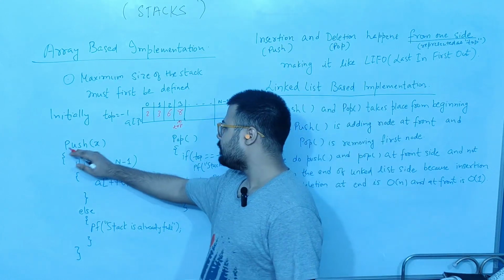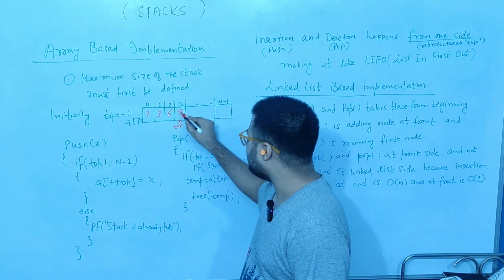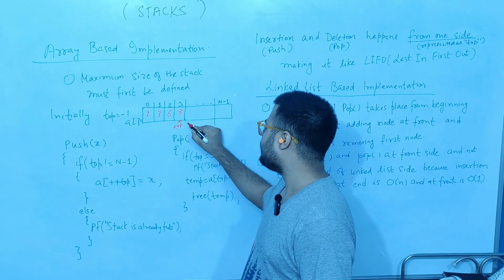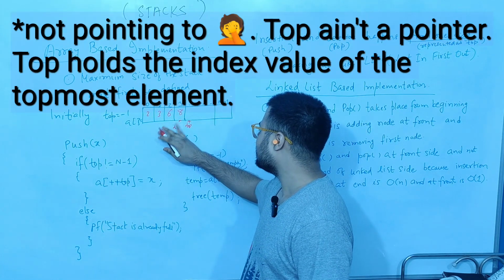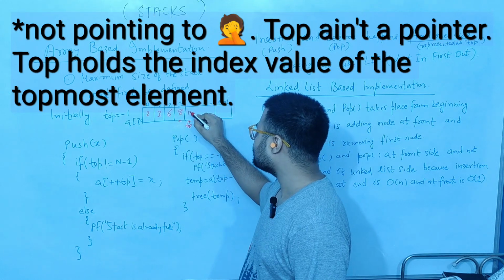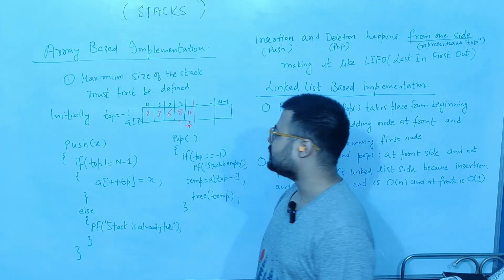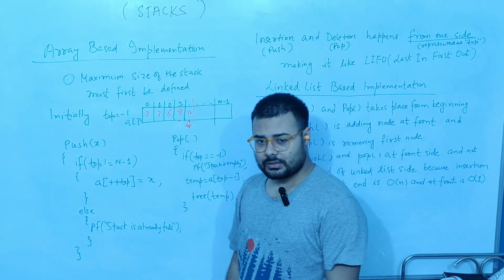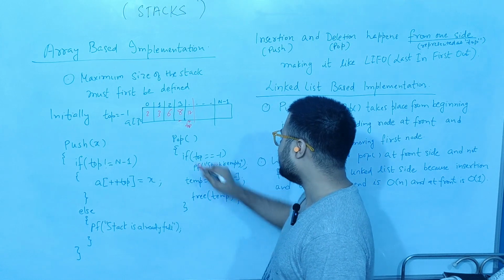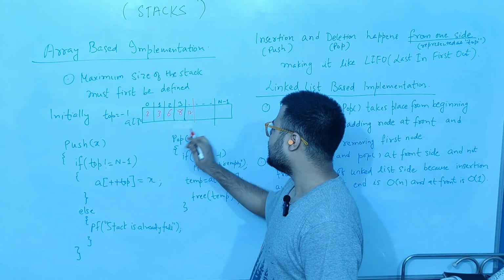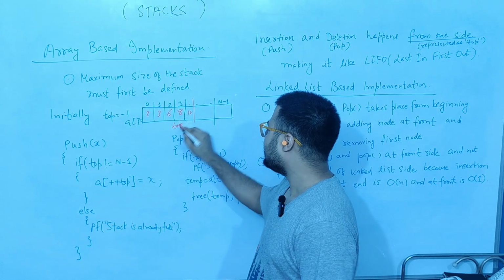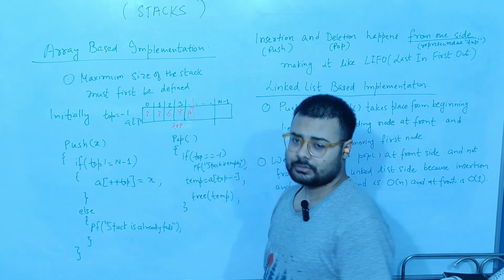The push operation will increase the value of top by 1, and now top is pointing to this, and let's say your new element was 12, and that 12 is added to this stack. If you want to pop an element, then this top is going to be decremented by 1. Now top is this, and this 12 is out.